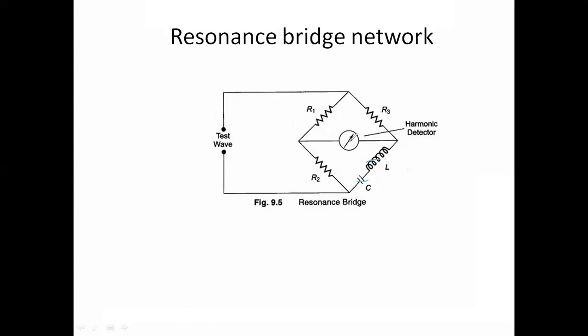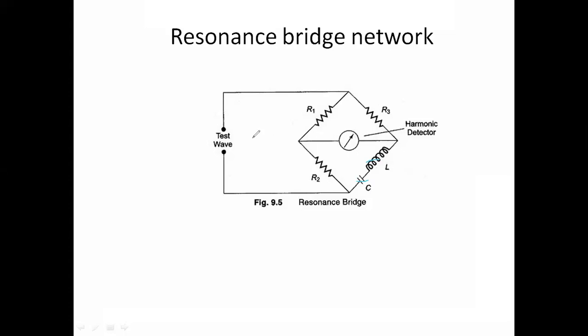Okay. Due to the second and third harmonic frequencies in the harmonic signals, the bridge is unbalanced. A balanced bridge means we have tuned the values of L and C to the fundamental frequency, using these two components to reach the bridge balance.